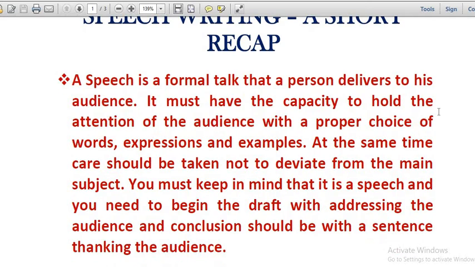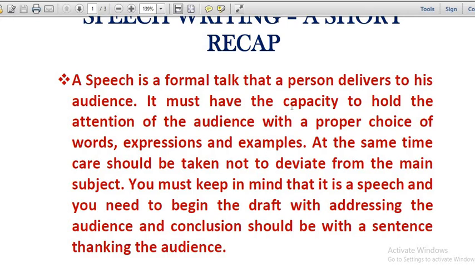Now what exactly is speech writing, or rather to say more precisely, what exactly is a speech? We have to know that one first. A speech is a formal talk or a formal discussion, as you can say, that a person delivers to his audience.